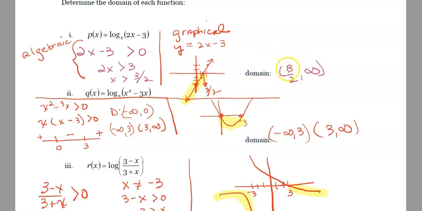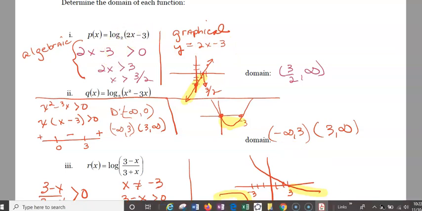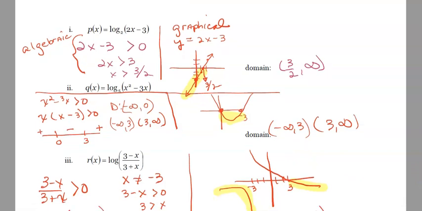So my domain is once again 3 halves to infinity. Okay, I have to eliminate all the yellow because that's where my y values are negative, and I can't have any negative y values because that's going to make this negative, and this can't be negative and it can't be 0. Okay, so we've got a couple more to think about.